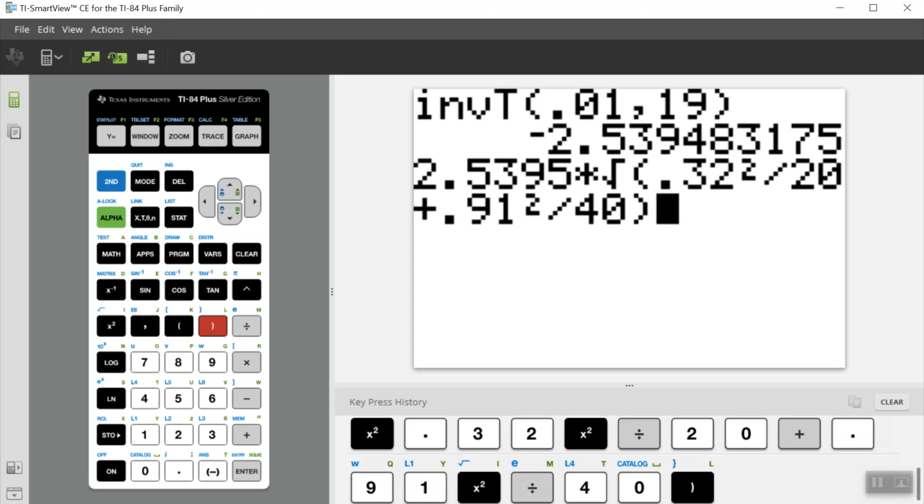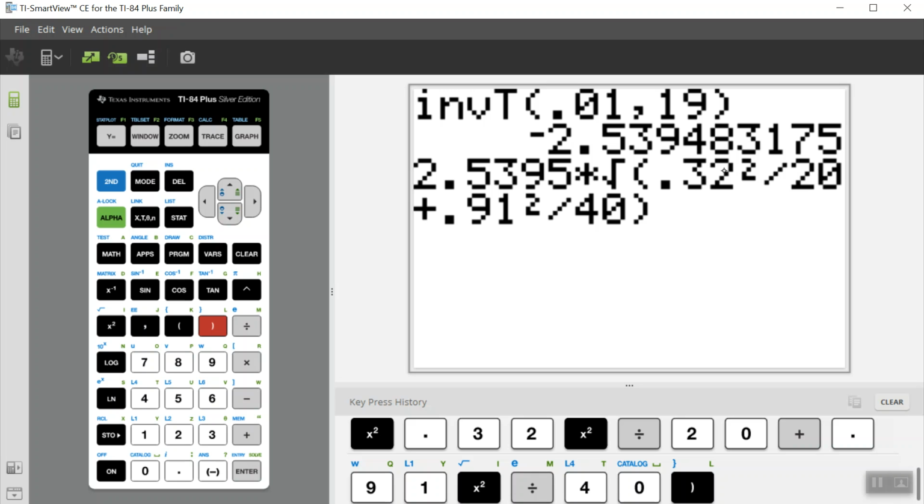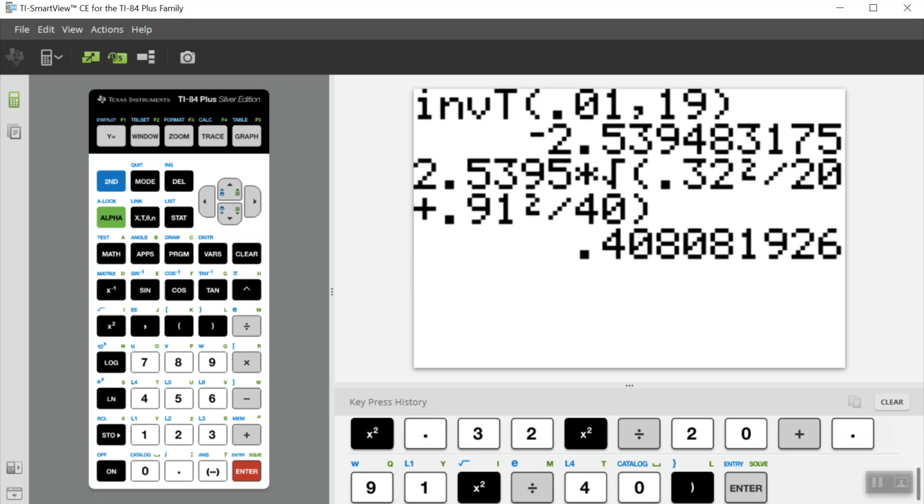The calculator will follow the order of operations, so you don't have to worry. It's going to do the exponent first, then the division, then the addition, just like the order of operations says. And with the big parentheses grouping it all underneath the square root, it'll happen the way we want it to. It looks like I'm getting 0.41.